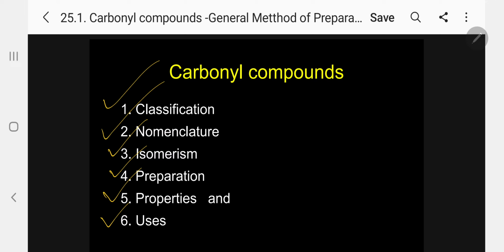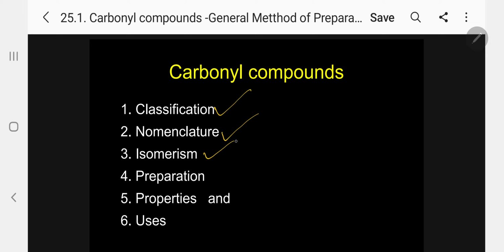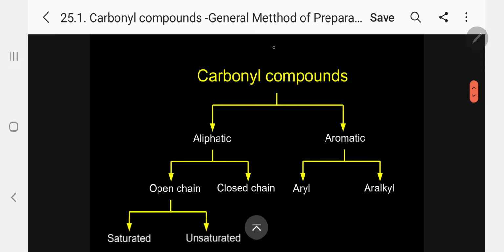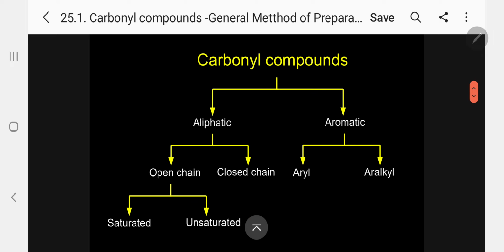So first let me take classification. In this chapter, I am taking only classification, nomenclature and isomerism today. Preparation and properties I will discuss later. First, under the carbonyl compounds, aldehydes or ketones, we can classify into aliphatic and aromatic.